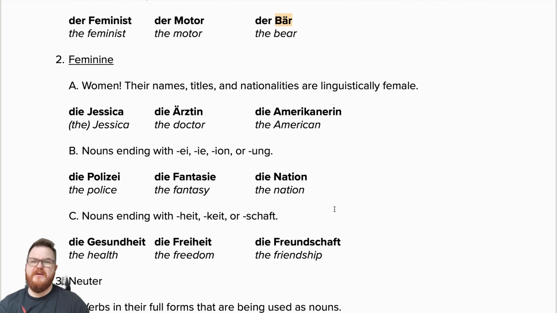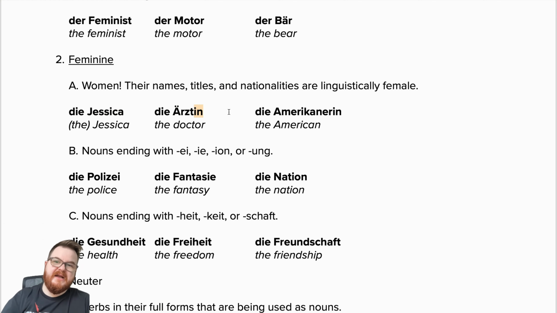Moving on to feminine, and surprise, surprise again, women are feminine. So their names, their titles, and their nationalities are linguistically female. So again, in English, we don't usually put the in front of people's names, but it depends on your variety of German. Die Jessica is feminine. Die Ärztin, so this is the female job title for doctor.